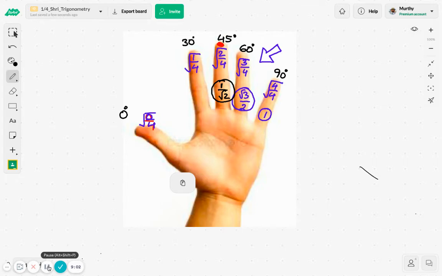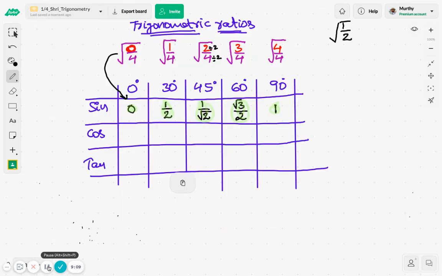Well, now going back to the previous page, let's say that whatever the sine values are there, I'm able to use all the 5 fingers, and I can remember and write all these values. Now writing cos values is very, very easy.